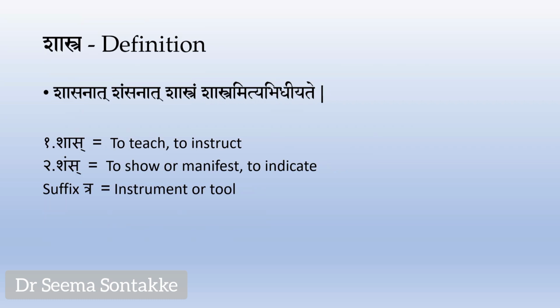One is Shasa, which means to teach or to instruct, and another is Shamsa, which means to show, to manifest or to indicate. The suffix tra is used for an instrument or tool. For example, in words like patra, which means instrument for drinking, stotra, which means instrument to praise, etc.